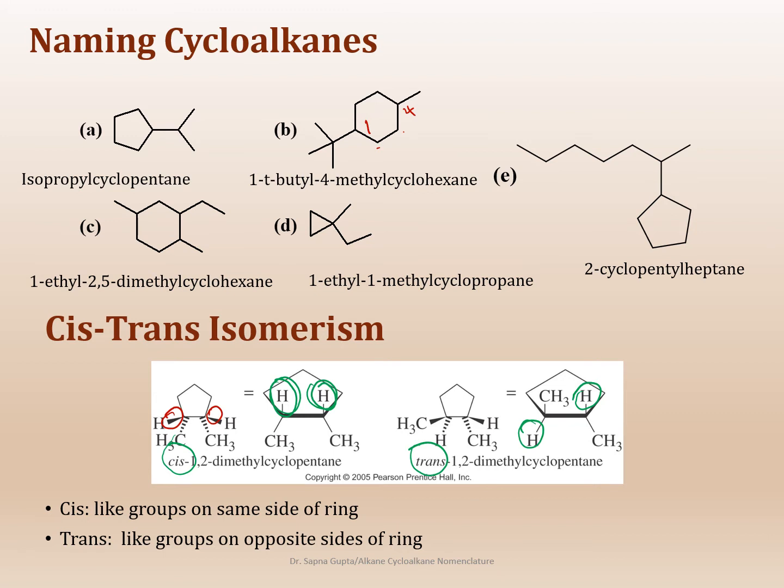The dash line means that something is going behind, and wedges mean something is coming in front of the plane of the paper, right? So here in this case, the hydrogens are in the same place. So if they're the same, then that's going to be cis. If they're opposite, then it's going to be trans. Okay, so you can see here that one hydrogen is going behind, the other hydrogen is coming to the front. So if you want to show a 3D depiction, then that is how you would draw it out.